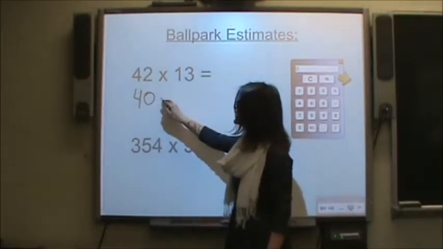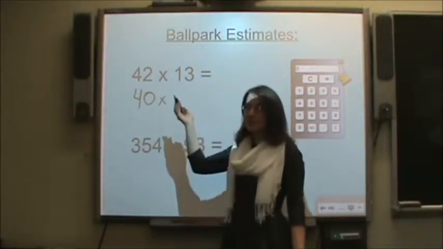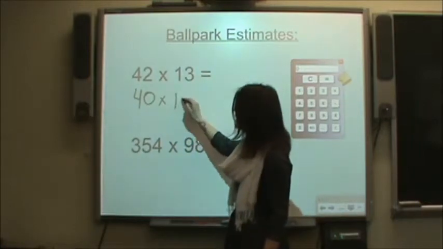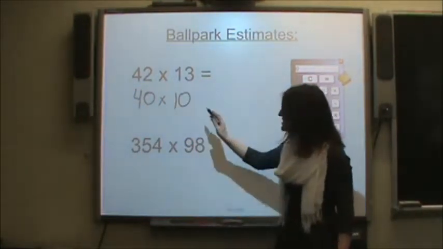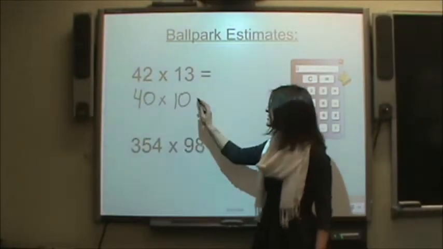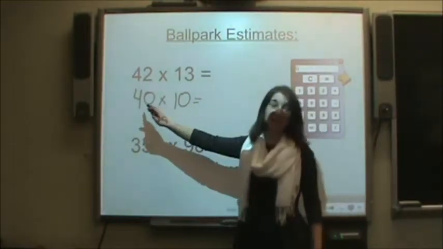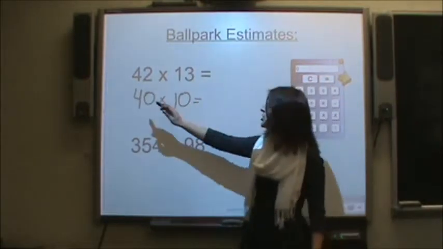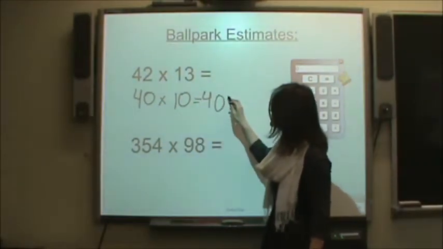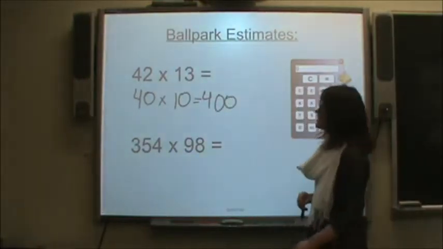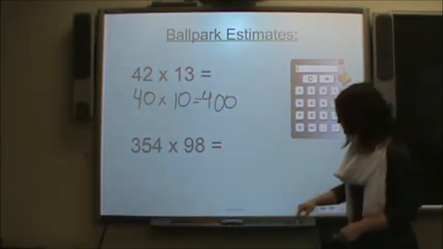Okay, so 40 times 13 is pretty close to 40 times 10. I know 40 times 10 off the top of my head because it's just 2 numbers that are simple because they have a 0 in the ones place. So I'm going to do 4 times 1 is 4. And then I have to add on 2 zeros. So my ballpark estimate is 400.